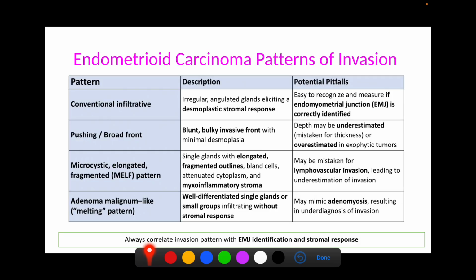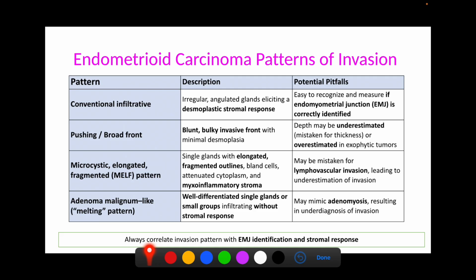Now these are the four patterns of invasion or myometrial invasion: conventional infiltrative pattern, pushing or broad front, MELF pattern and melting pattern. These all four patterns are already discussed in detail in previous episodes, so you can go through this video and easily understand these patterns.